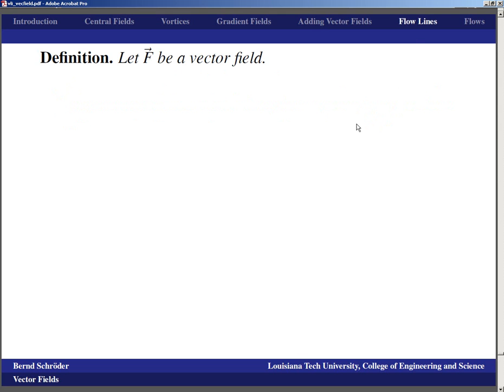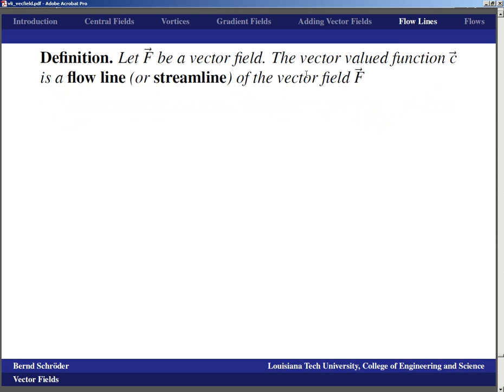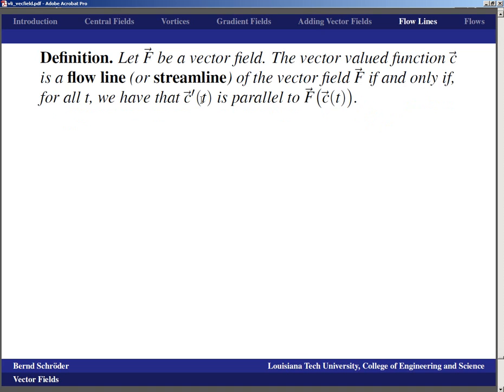Of course, in physics, people also draw the flow lines of a vector field. So if f is a vector field, then the vector valued function c is a flow line or a streamline of the vector field f, if and only if, for all t, the velocity, or the tangent vector, if you will, of this vector valued function is parallel to the vector f of c of t.